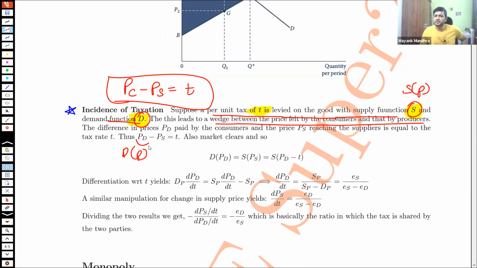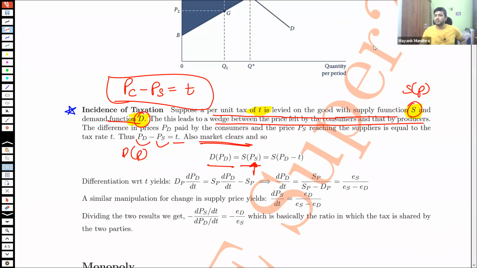So I know that the price which consumers pay minus the price which suppliers get is going to differ by this amount T. Now for the market to clear, market clearing means quantity demanded must be equal to quantity supplied. So the demand of the consumers must be equal to the supply of the firms. Supply is a function of the price which suppliers face, right?